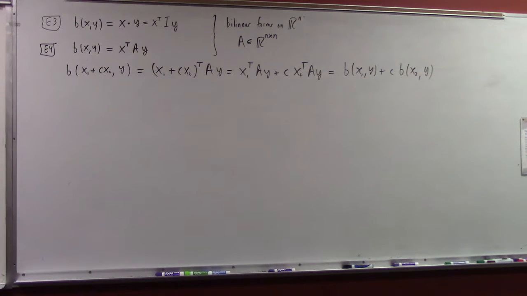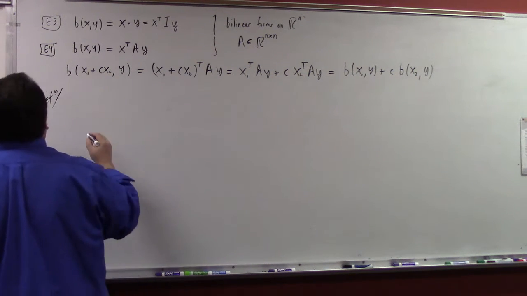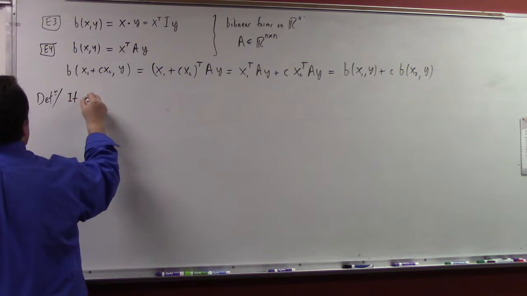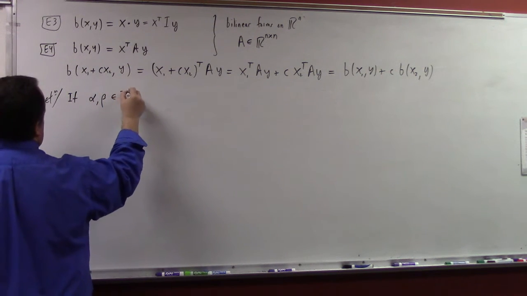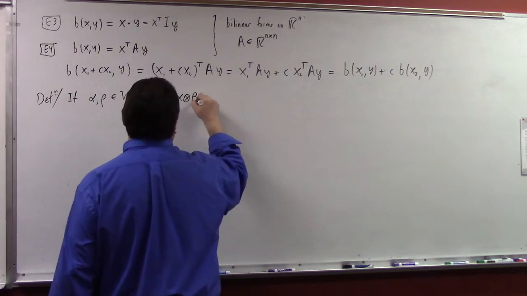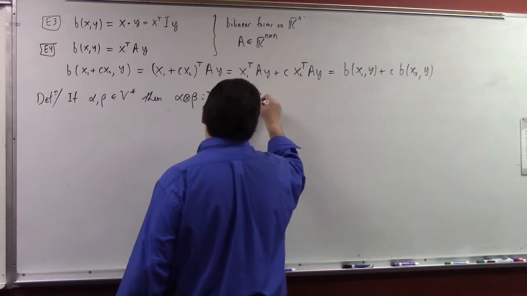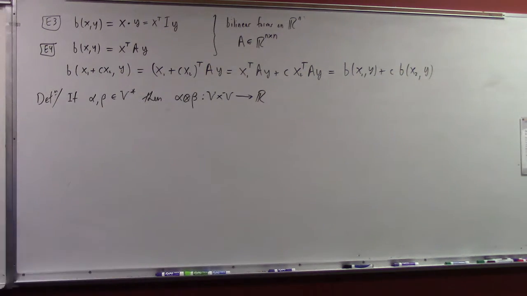let's see here. So I defined the tensor product of two dual vectors for the purpose of my previous theorem, but I should stop and define that more generally. Definition: if alpha and beta are elements of V dual, then alpha tensor beta is a mapping from V cross V to the reals, right? And how do we define it?